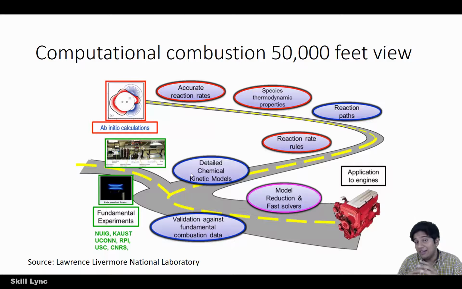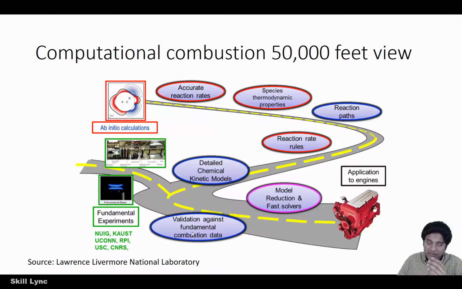Now, this is the entire life cycle when it comes to computational combustion. And the interesting thing to note here is there are specific companies or research organizations that are working on each of these topics individually. So typically your automotive companies or engineering companies are working down the line, where they are using the chemical kinetics model that has already been developed by some established research lab, and they are applying that to predict the emissions of their upcoming engine.